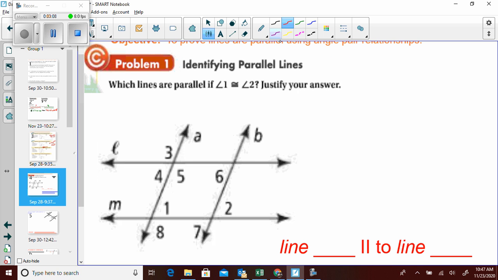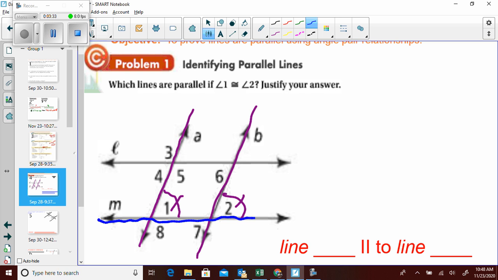Look, it says which lines are parallel if one is congruent to two. You do not know they are parallel. We're trying to prove they're parallel, right? So if 1 and 2 are congruent, these are my parallel lines.